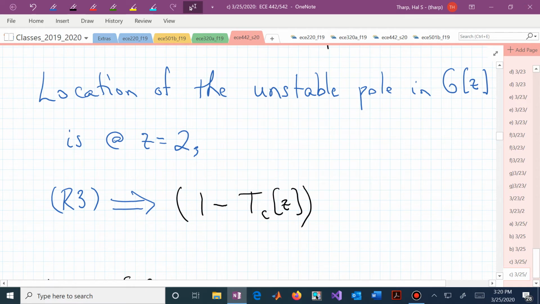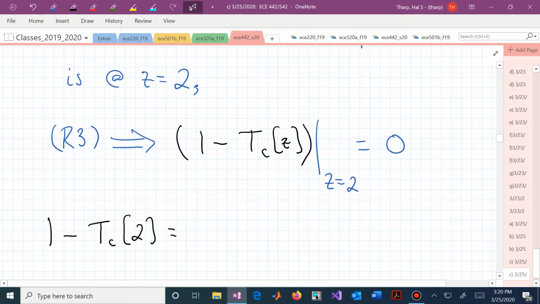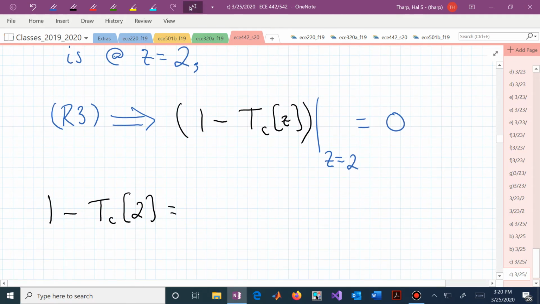We know the unstable pole is at z equal to 2. Restriction 3 says that 1 minus t sub c of z evaluated at that unstable pole location had better be 0. So we evaluate t sub c at z equal to 2.